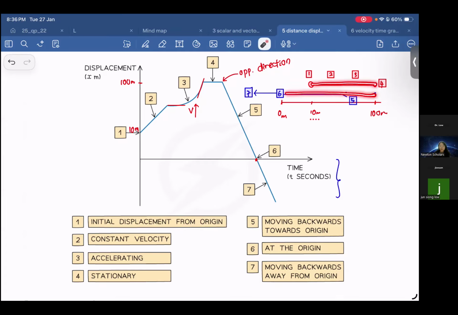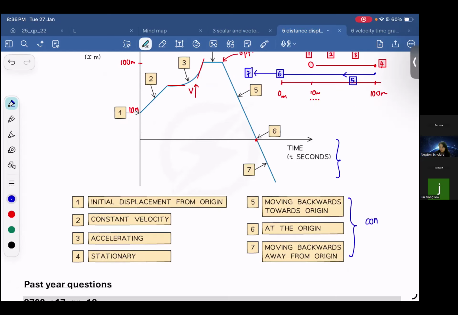It starts moving backward until point number 6, coming back to 0 meter, and then 7 it continues moving backwards. Okay, until here, is that clear? This 3, 5, 6, 7 is a straight line, so it should be a constant velocity, but moving in the opposite direction only. Okay, write it down.